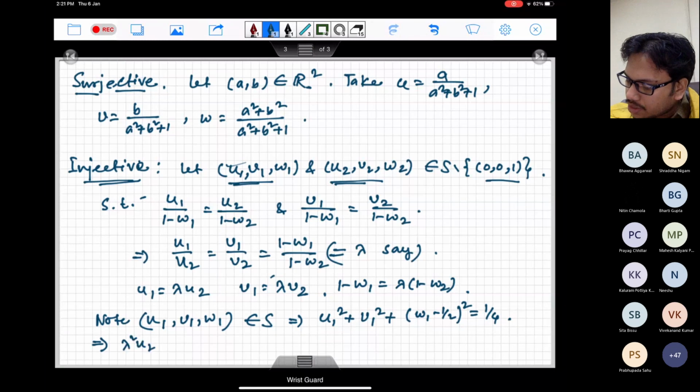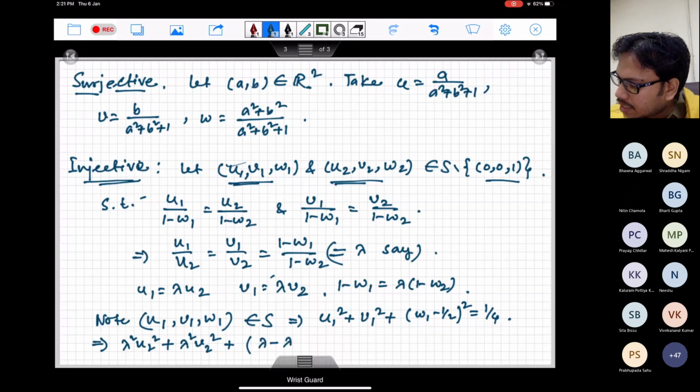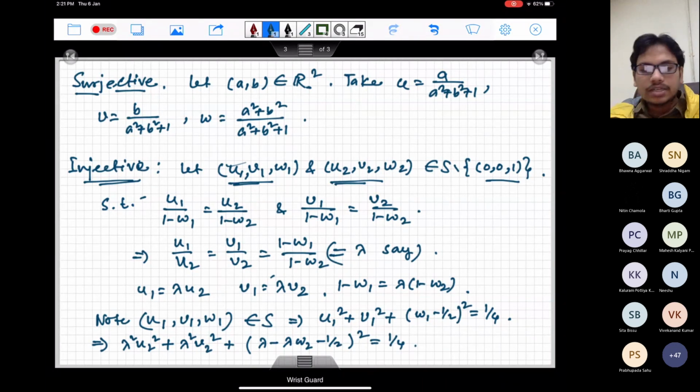So I can put lambda square u2 square plus lambda square v2 square plus, for w1 minus half, I have 1 minus w1, so if I subtract half from both sides and take a square, I get lambda minus lambda w2 minus half whole square is equal to 1 over 4. Do you all agree? Yes, sir.